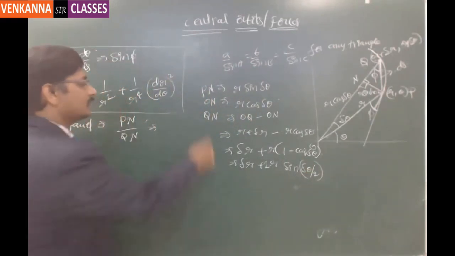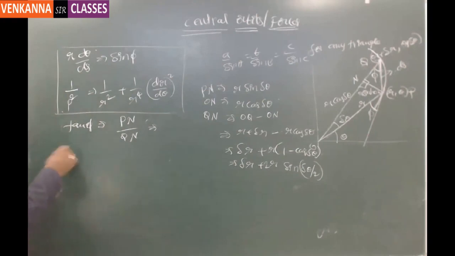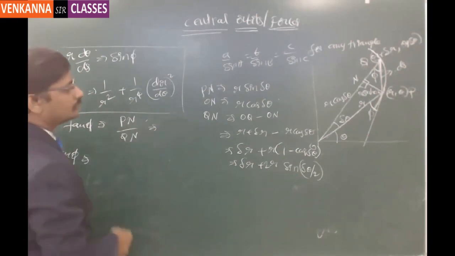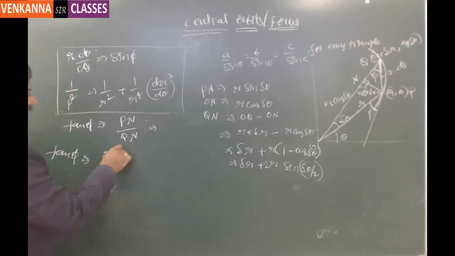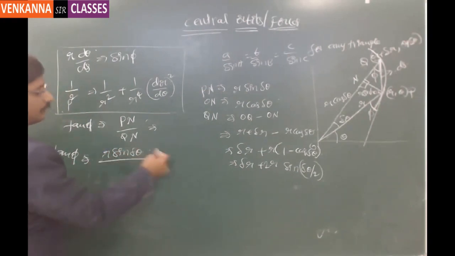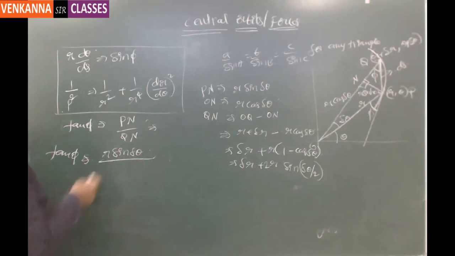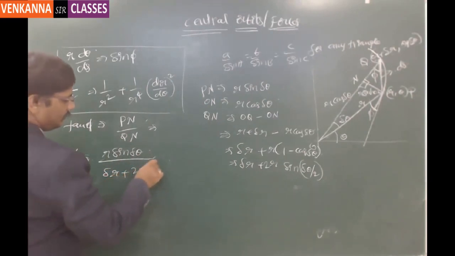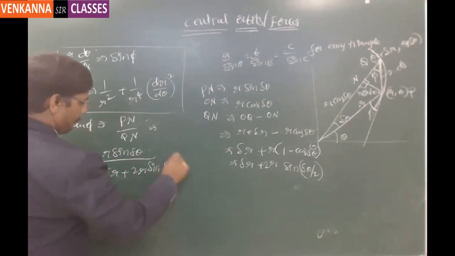Now this is Qn. So for tan phi, the Pn value is r sin delta theta, divided by the Qn value, which is delta r plus 2r sin square delta theta by 2.